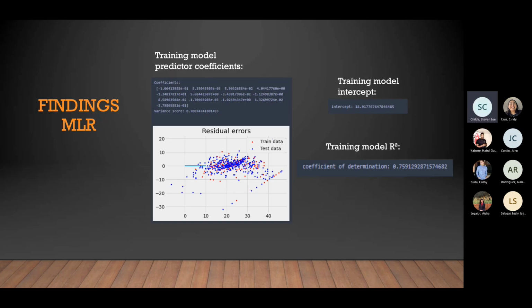All right, so the first thing we took a look at is generating a predictive equation using the training data set. And we've generated the coefficients for each of the variables up there, and we also included the residual errors of the training data set.